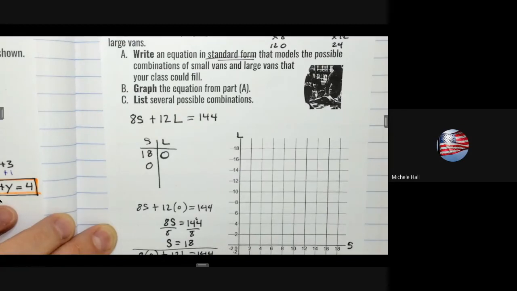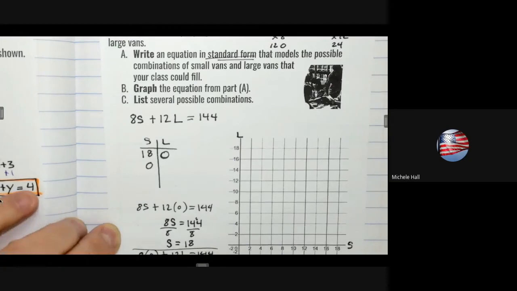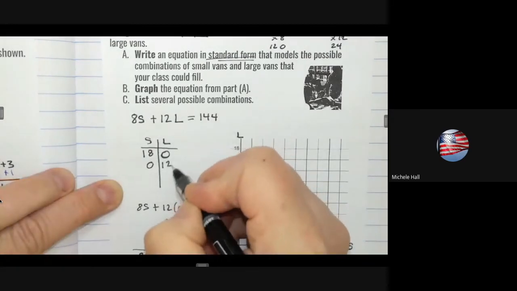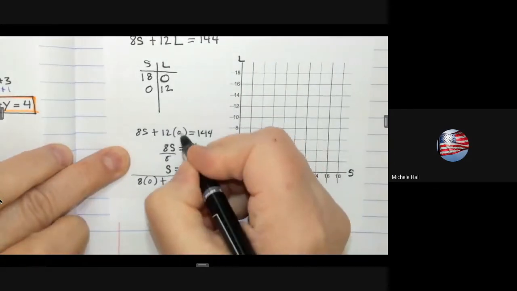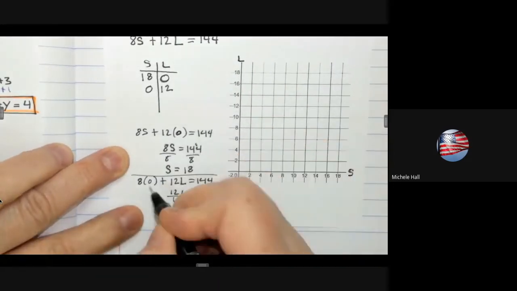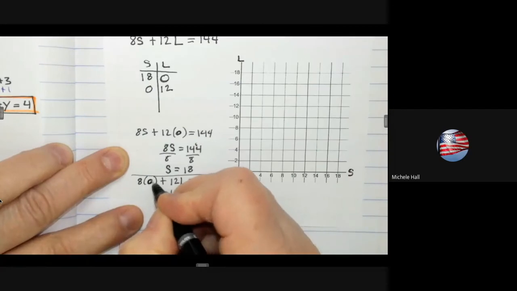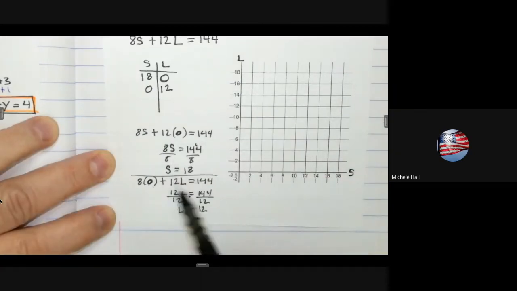Divide by 12, and we get that we could have 12 large vans. This was when L was 0, and this was when S was 0. When S was 0, we had 12L equals 144, and we divided by 12 and got that L was 12.